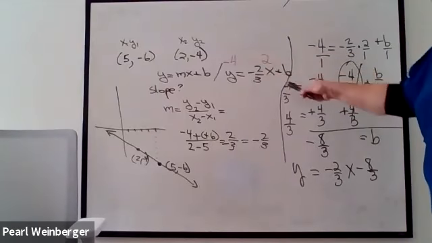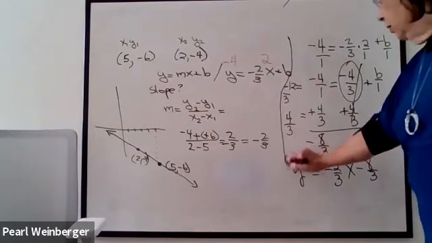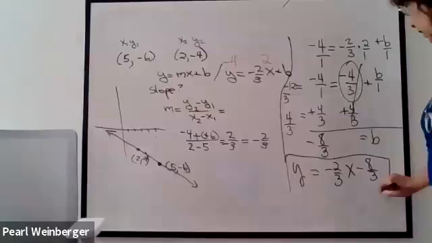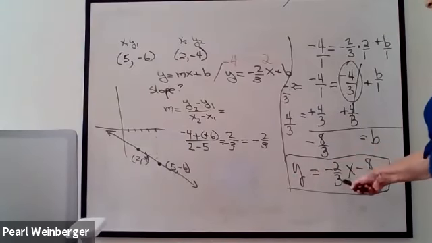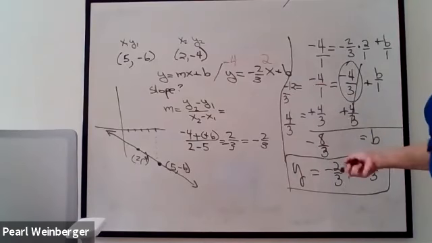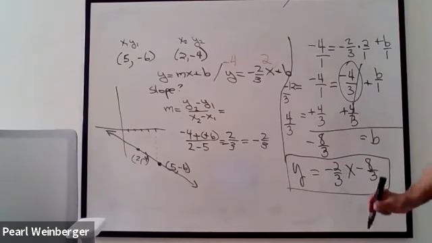The only thing you won't have is the b, and you'll have to solve for the b. We know that this line has equation y equals -2/3 x, because that's my slope, minus 8 over 3, because my y-intercept happens to be -8 over 3.